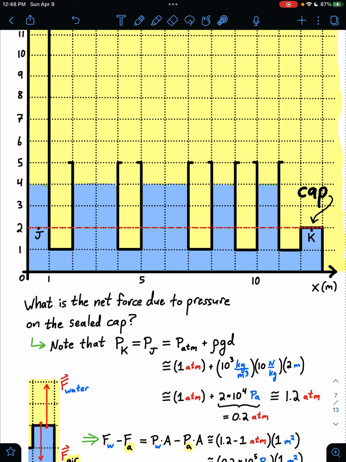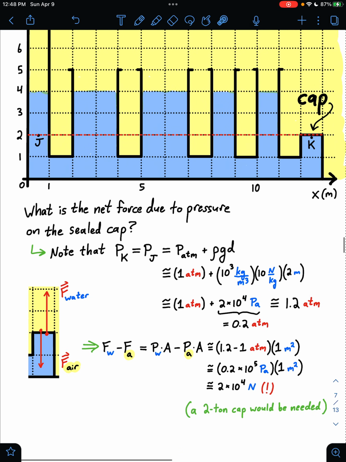So put in the density of water and little g and 2 meter depth, and we get a 0.2 atmosphere increase in pressure when we are 2 meters deep into the water. So at point J, the pressure is 1.2 atmospheres. Therefore, the pressure here at point K is also 1.2 atmospheres.